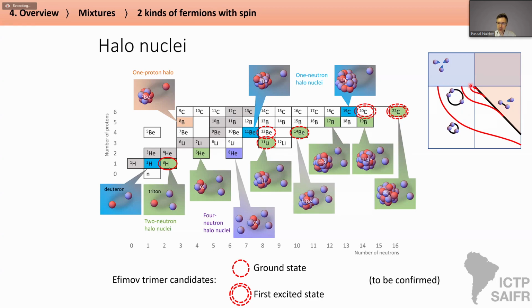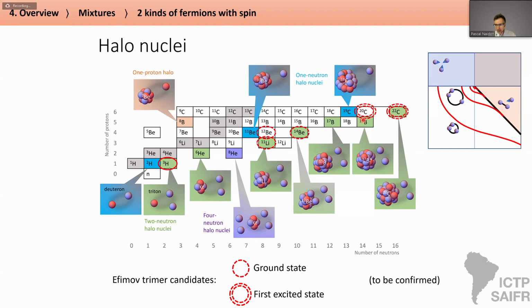So if by accident the interaction is such that we are either here or there, in this case we have two non-Borromean trimer states, that would correspond to carbon-22, or the case where we have two Borromean trimer states, that would correspond to this state, carbon-20, which is not regarded as a halo nucleus.